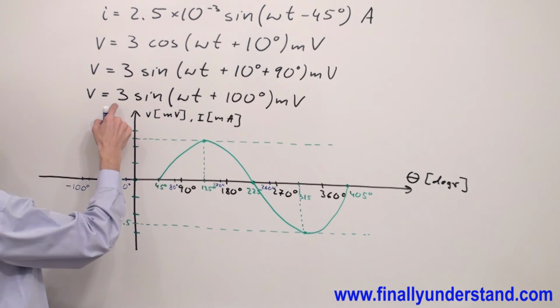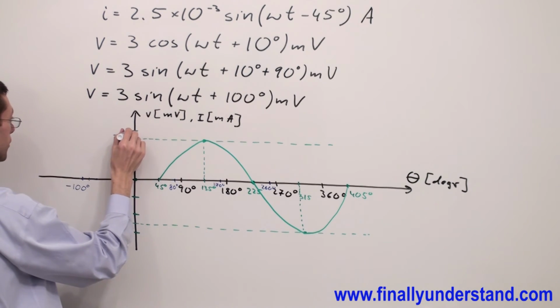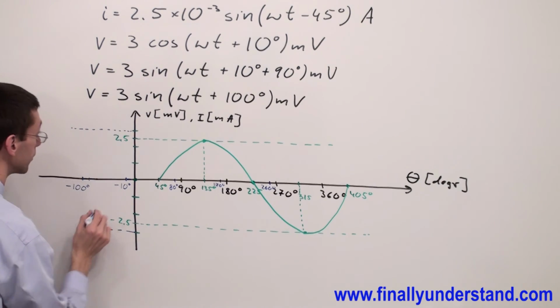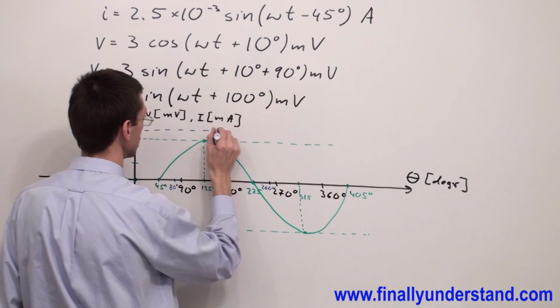Next, my peak value is 3. Going to draw the dash line and dash line over here.